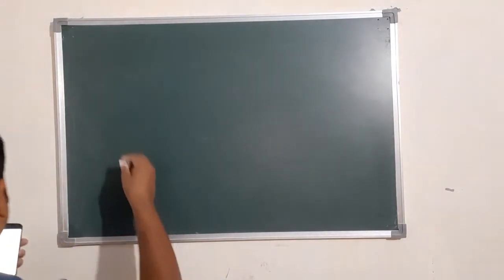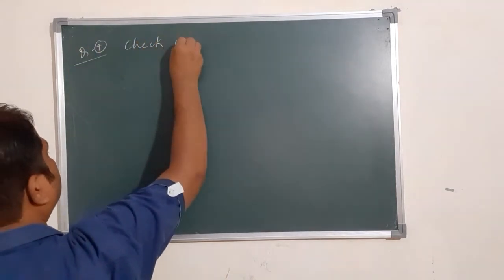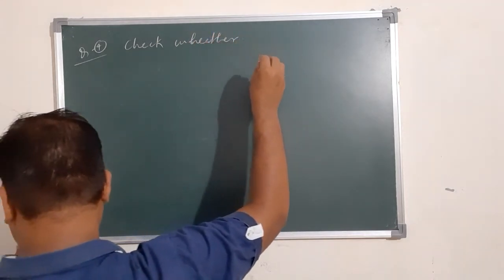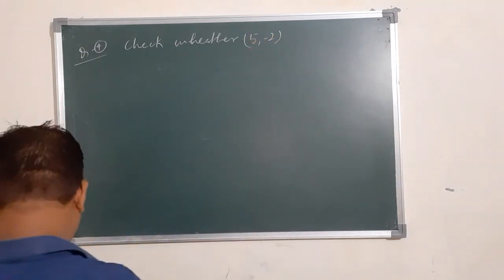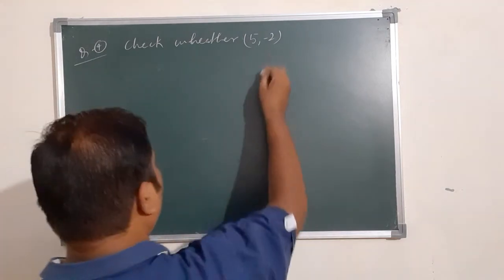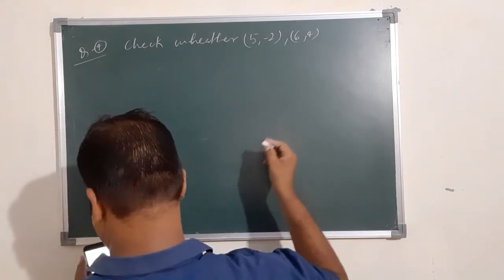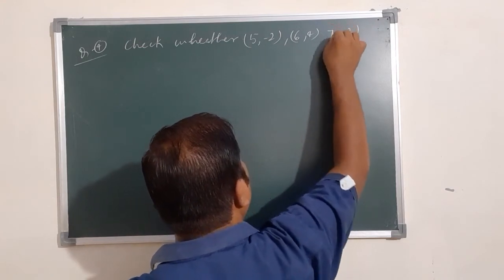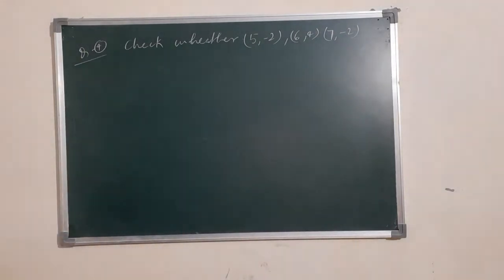Check whether (5, -2), (6, 4) and (7, -2) are the vertices of an isosceles triangle.